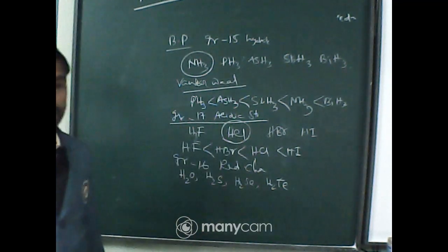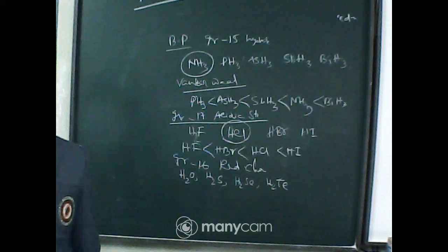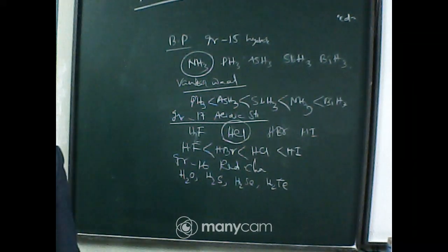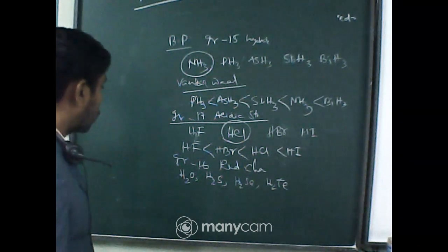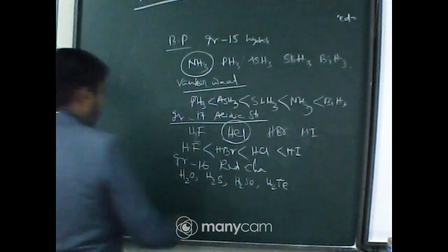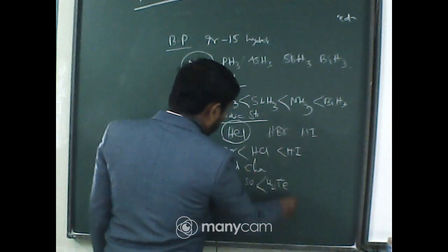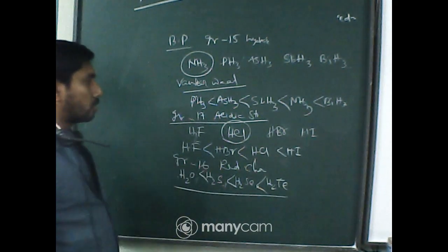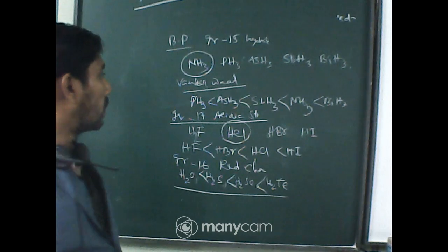Reducing character will increase with the larger size of tellurium. Here no abnormality is seen, as it depends on the size of the central atom and the bonds become weaker. So H2Te has the highest reducing character. The increasing order is H2O less than H2S less than H2Se less than H2Te.